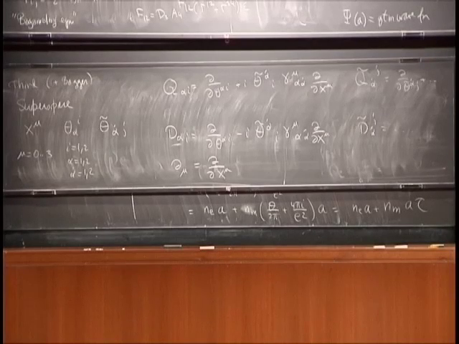Then you'd like to do gauge theory in superspace. So naively speaking, what gauge theory in superspace means is just that you add gauge fields in superspace. So you replace all the covariant derivatives.